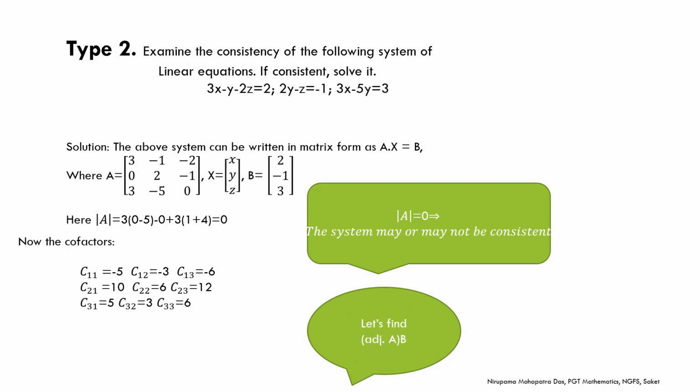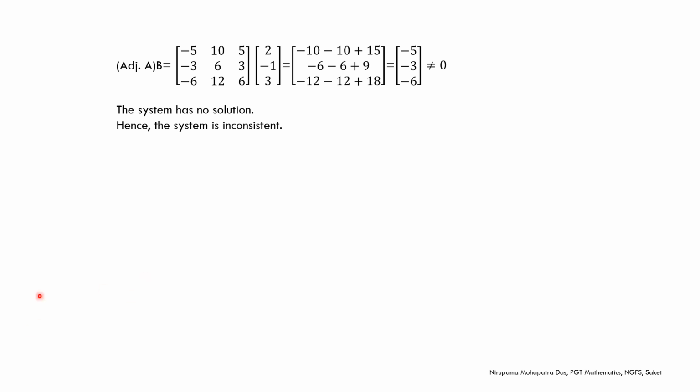So our adjoint of A is this, into B, and we get the product, a column matrix containing minus 5, minus 3, minus 6, which is not 0. So adjoint of A into B is not equal to 0. It means the system has no solution, so the system is inconsistent. We are not going to solve it because it doesn't have a solution.